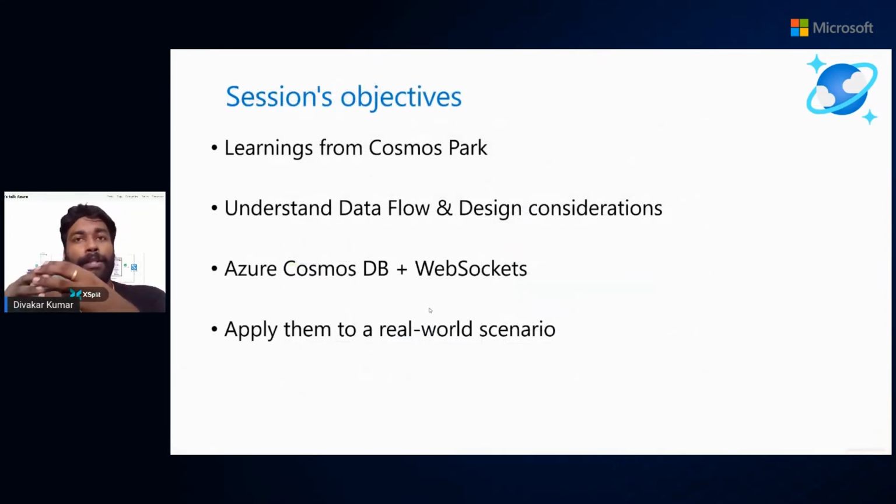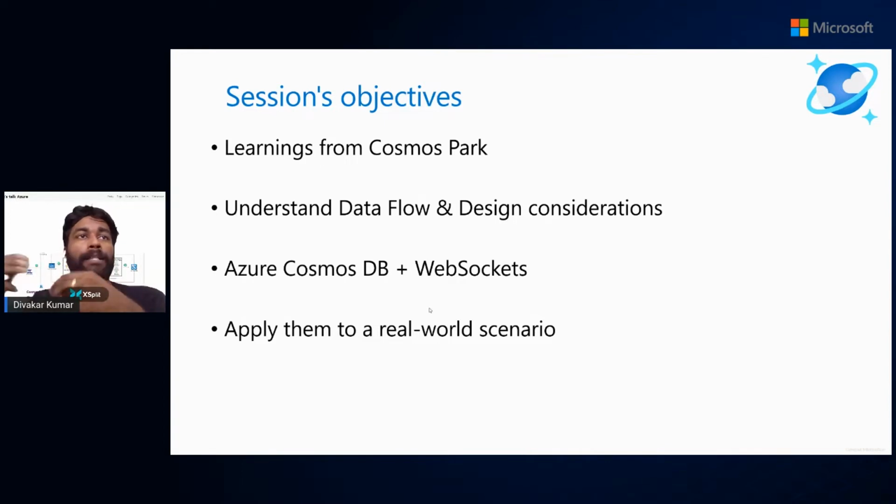The main objective of this session is to share the many learnings I had while building this Cosmos Spark application. I want to make sure you understand the data flow between the different Azure components within this application, and a few examples of design considerations, such as how to choose the right partition key and how you can make use of the change feed to do that.